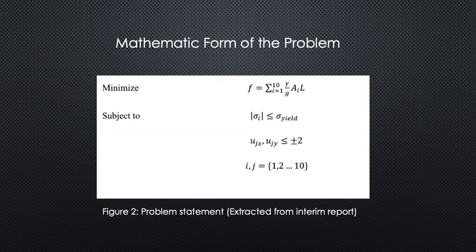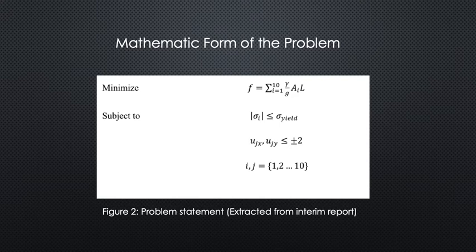Here is the mathematical form of the problem, the standard form, and basically we will minimize the f function, where the f function is just the cross area times the length of each member, because when we are building something, we try to fulfill the stress requirement, and also maybe the displacement requirement.